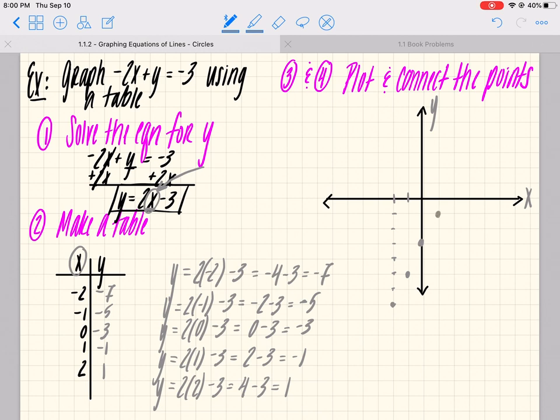Okay, 1, -1, and then 2, comma, 1. All right, and then we're going to connect those points. So again, this gives us a great idea of the shape and the general placement of the line. So that is as easy as it is.